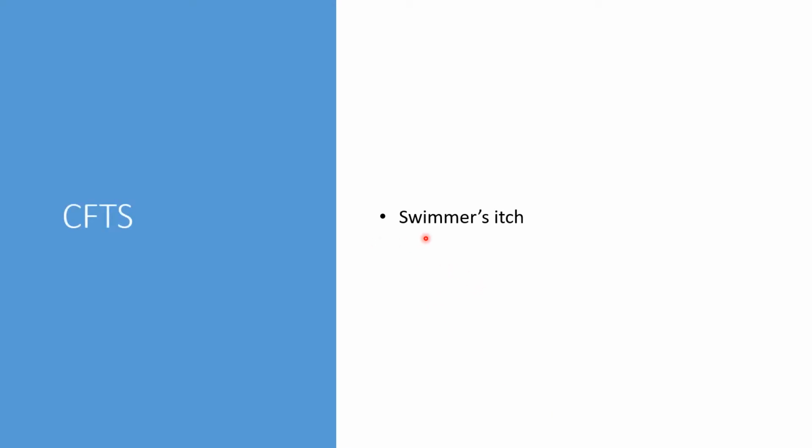The first sign will be itching after swimming in water contaminated with cercariae. That will occur almost immediately after swimming, up to a few days post swimming. It's likely going to involve the travelers and also people in endemic zones.